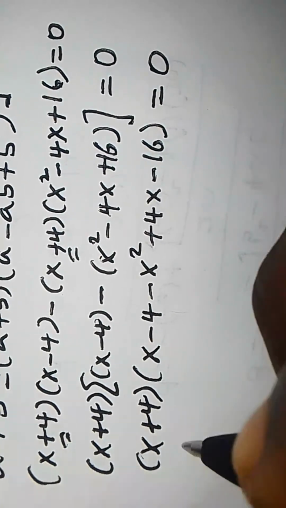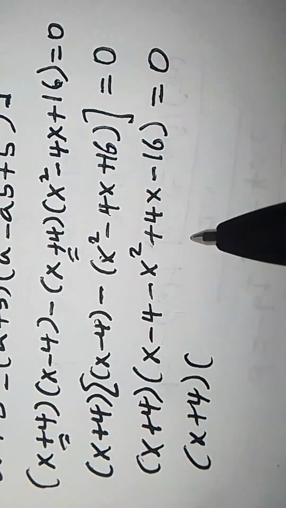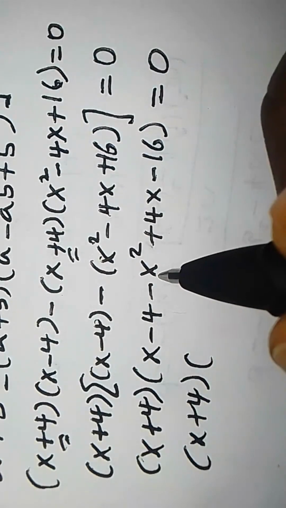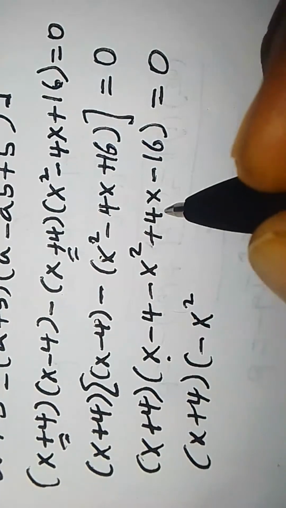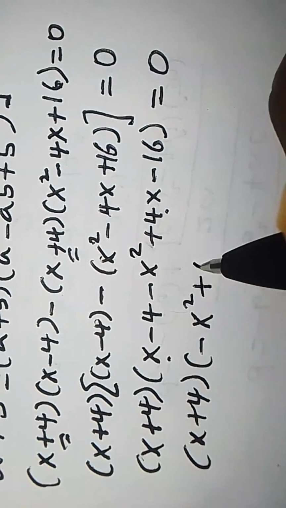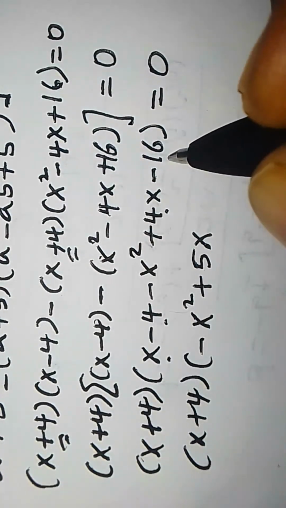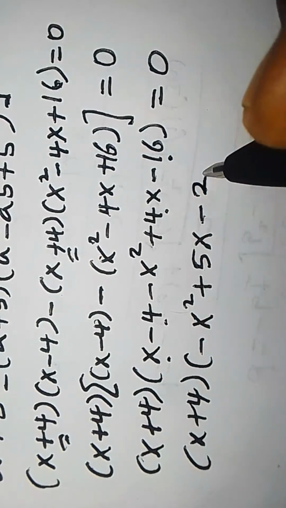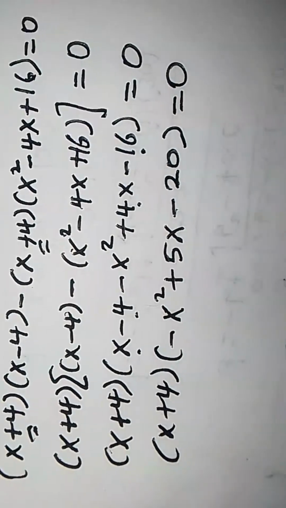Let's continue. x plus 4 times, now let's add the terms that are common. First, let us write this minus x square. So add x plus 4x, that is 5x, minus 4, minus 16, that is minus 20, equal to 0. Let's proceed further.